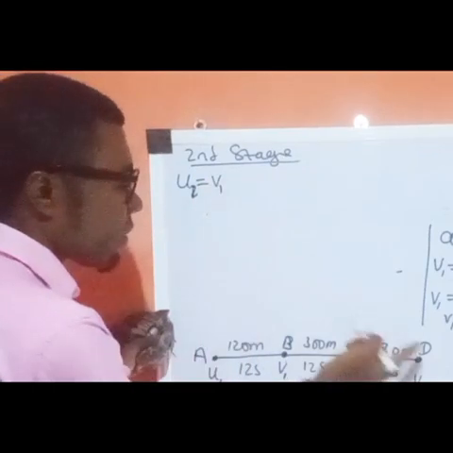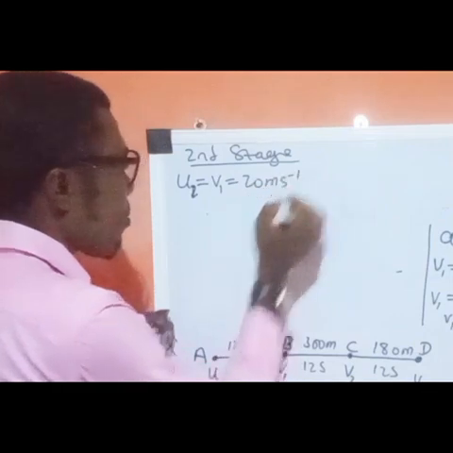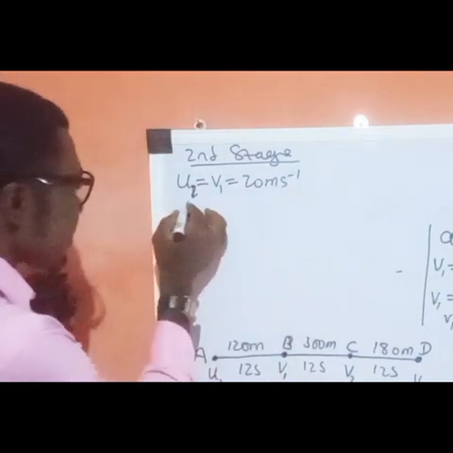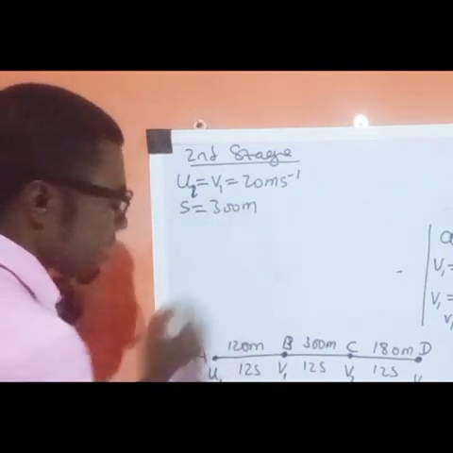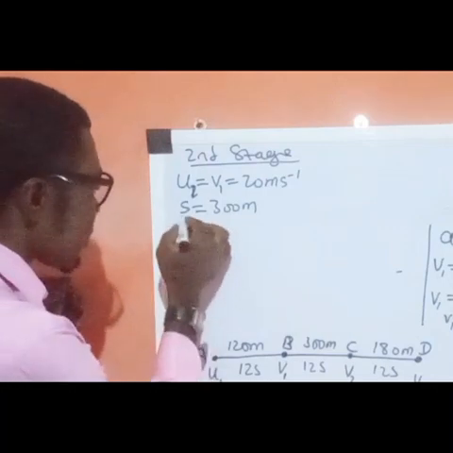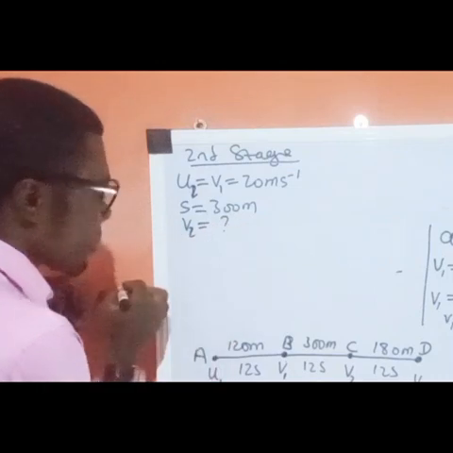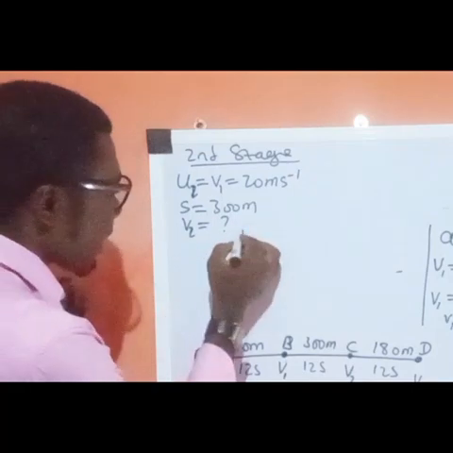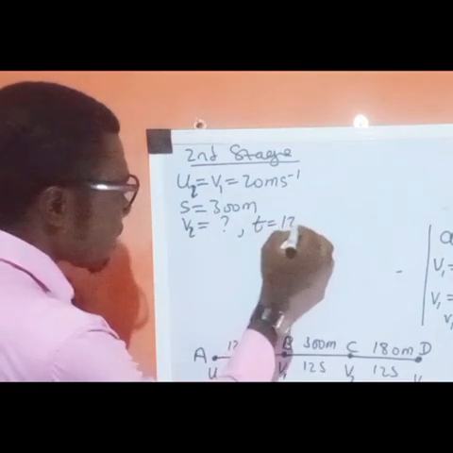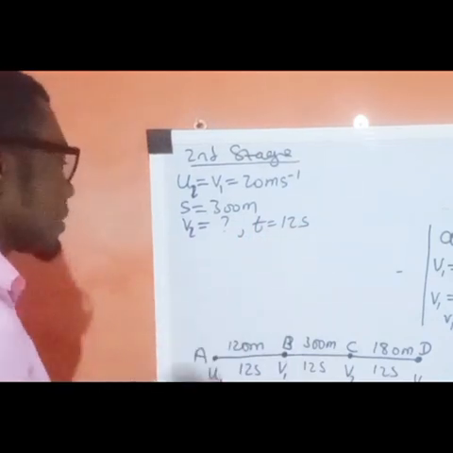It's the same as the final velocity for the first stage, that is 20 meters per second. Our S, as we can see, is 300 meters, that's the distance. The final velocity is what we are looking for, V2 is unknown. The acceleration also is unknown, but the time is the same, because they said equal time interval, 12 seconds. So we follow the same process.